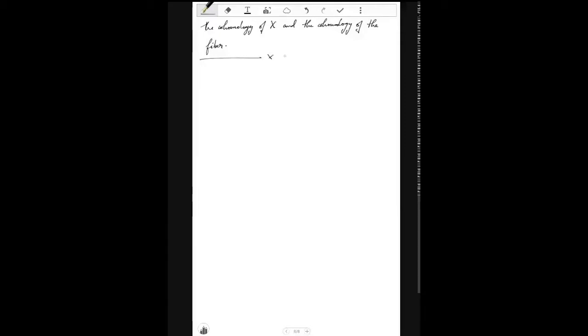However, let us begin with some operations on vector bundles. Some more operations on vector bundles.